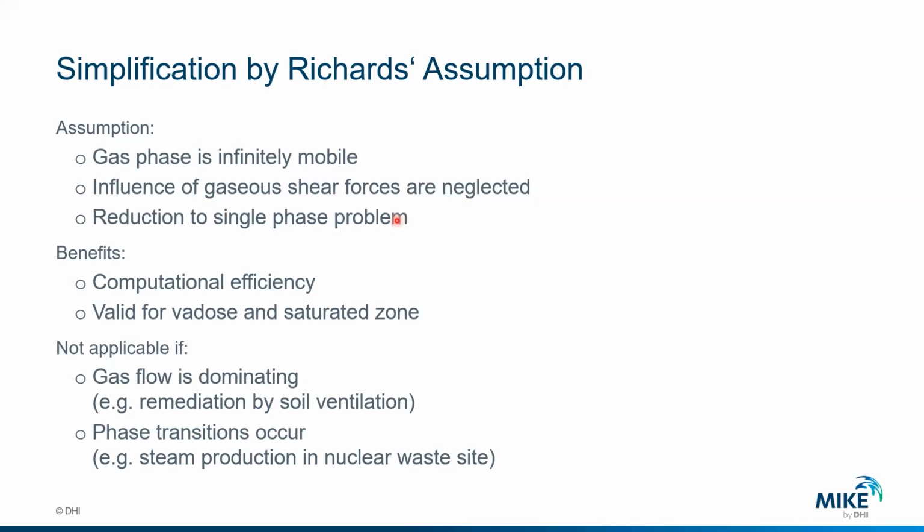The major assumption is that we reduce the problem to a single phase. As we were saying before, we don't need to separate the calculations of gas phase and fluid phase. We treat everything as one single phase, which has the major benefit of being computationally efficient, and is also valid, as we were saying, for both the saturated and unsaturated zone.